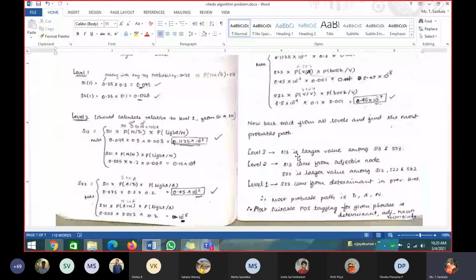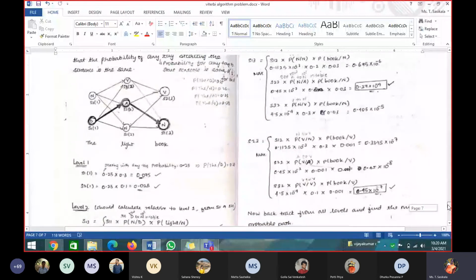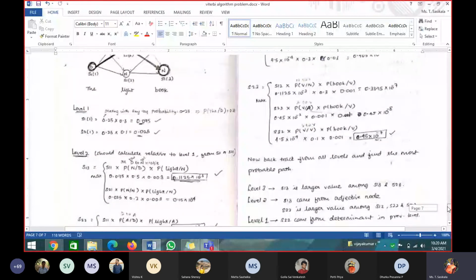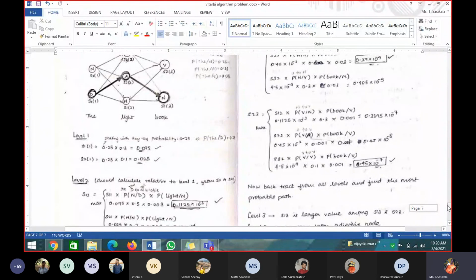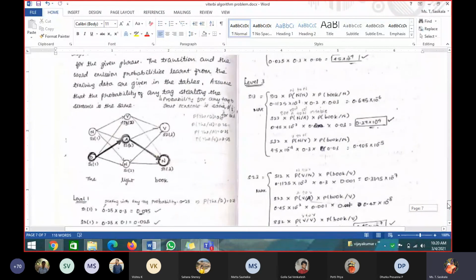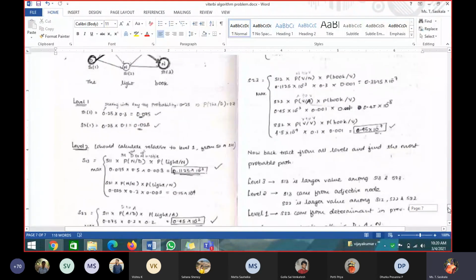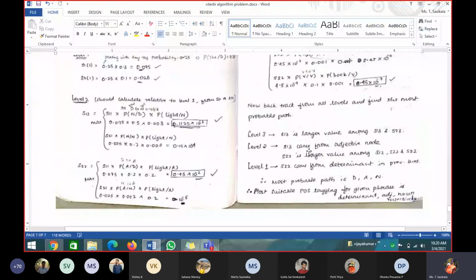Which is the highest value you are getting among these two? S13, ma'am. So S13, in that S13, which is the highest one, we are getting book. So S13 came from which node?